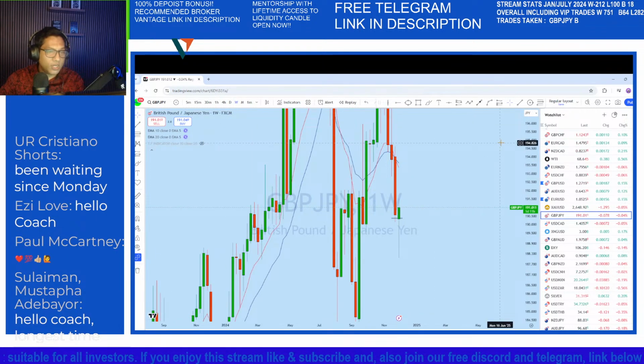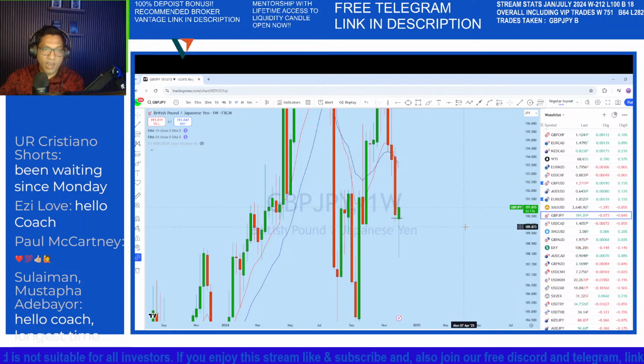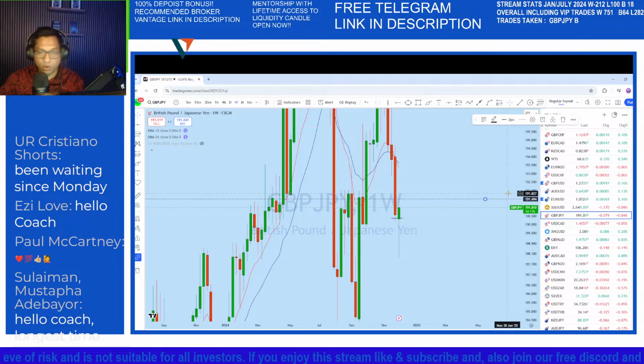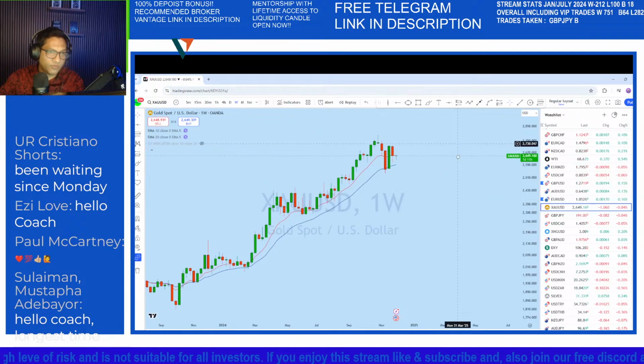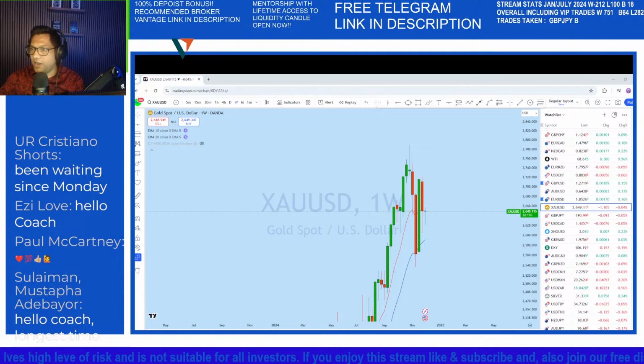On the weekly, the market broke out from this level, and now the question is whether the market drops back to the support or bounces back up on GBPJPY. I'll do a full analysis and we'll come back to it. Let's first look at XAUUSD, where we can find a potential entry, and then we will look at other pairs as well.